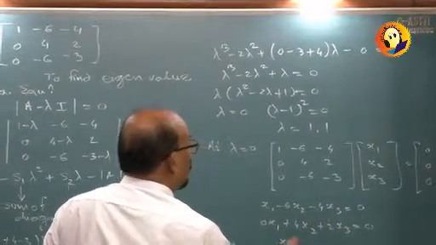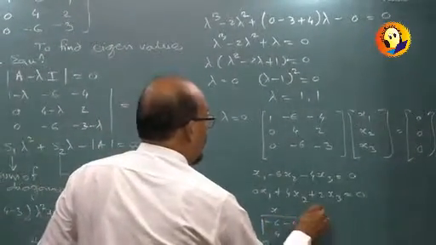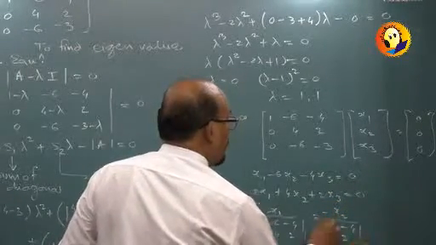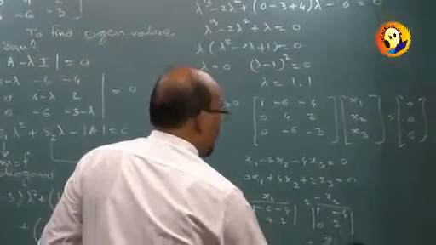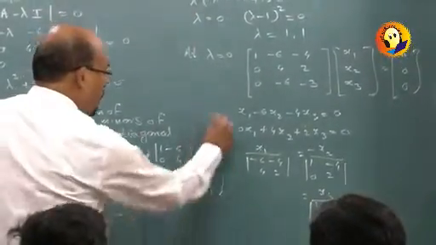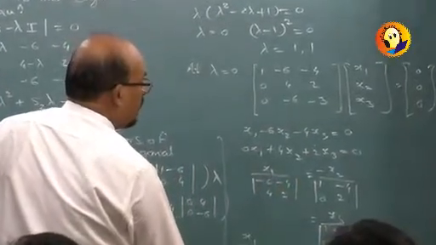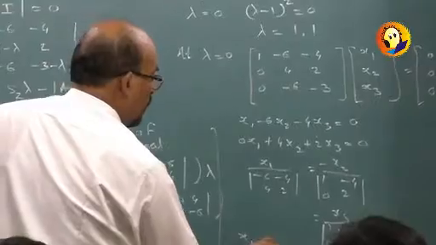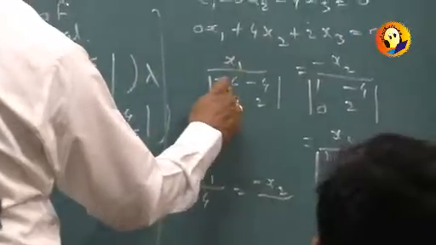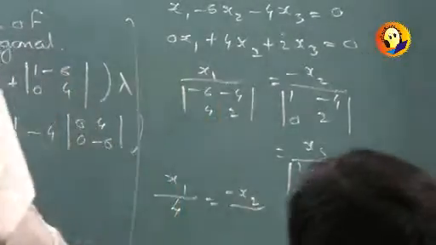So it is x1 upon minus 6 minus 4 4 2 equal to minus x2 upon 1 minus 4 0 2 and equal to x3 upon 1 minus 6 0 4. So it becomes x1 upon minus 12 plus 8, so it is minus 4, equal to minus x2 upon minus 12 plus 16, so plus 4, equal to x3 upon 4.